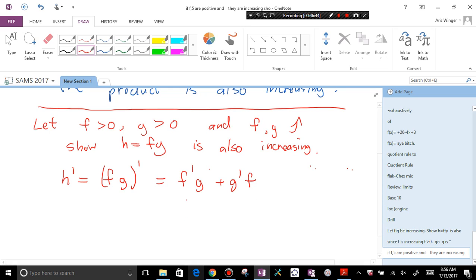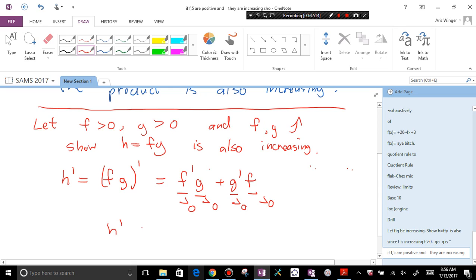I said that F and G were positive, and that F and G were increasing, so that everything here is positive. Then it's just about writing all that out in words, and you heard two variations of writing this very thing, and it just works out.